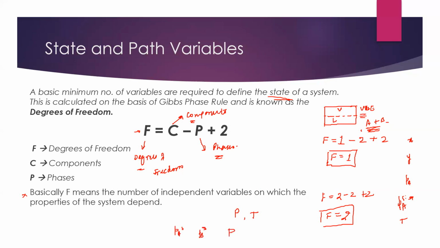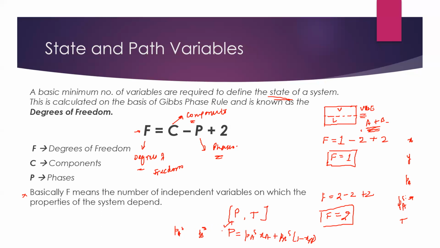And then by Raoult's law, we have P equals PAS XA plus PBS into 1 minus XA. So from this equation, you would get XA. I'm just giving an example, let's say you have pressure and temperature. Then how can you get it?